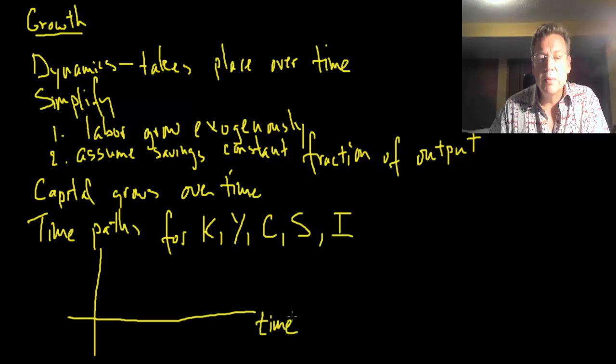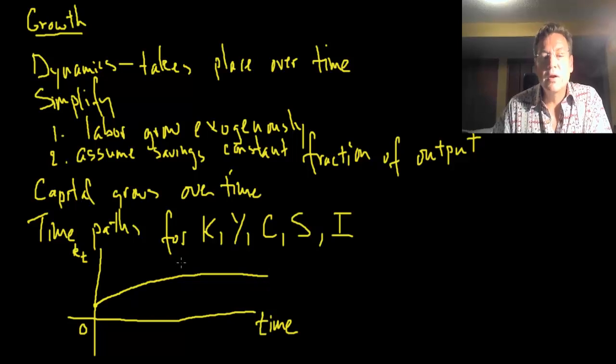So if this is time, and here we're, say, doing the capital stock, at time zero, the economy may start at a point like this, and the capital stock will grow over time, then it'll eventually flatten out. That's supposed to be flattening out.